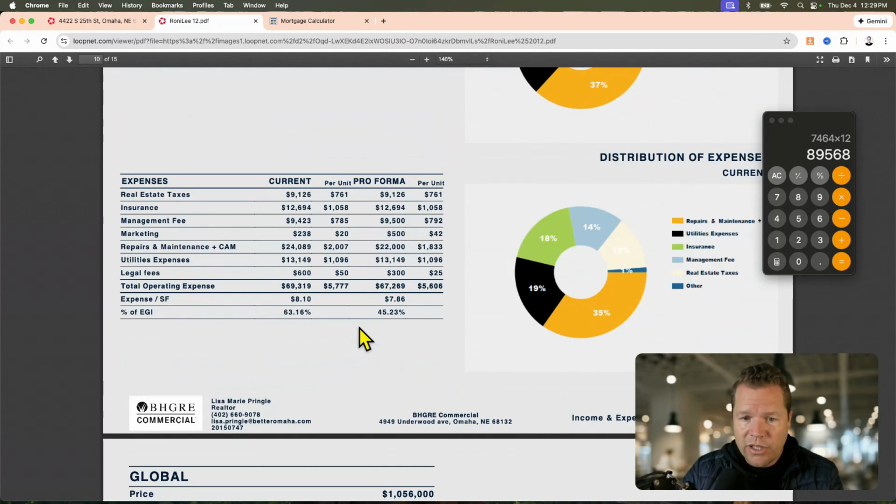Marketing, okay, they actually increased the marketing. That's an easy one to do because it's an insignificant amount. Repairs and maintenance plus common area maintenance. Okay, 24,000, so $2,000 a month, and they think that it's going to go down for some reason. I don't know why it would go down, because there's no way that's including renovations and stuff like that.